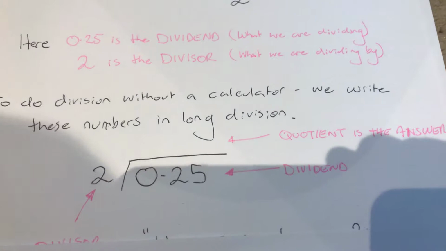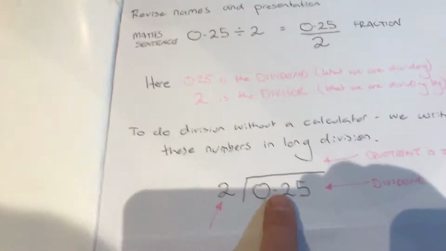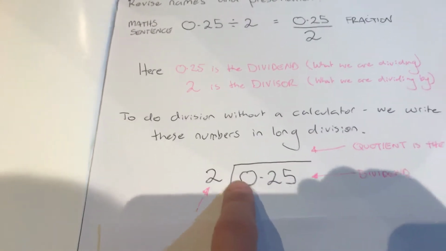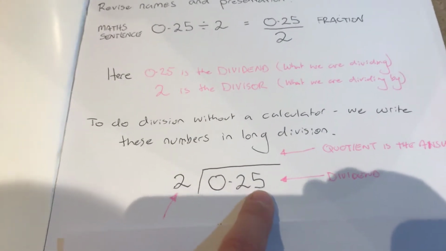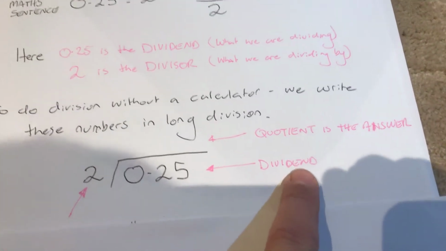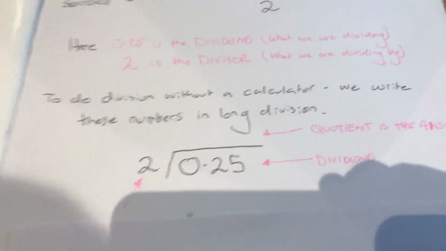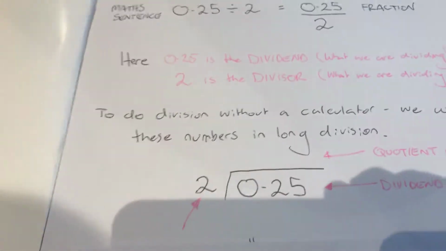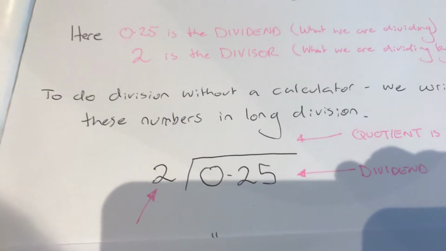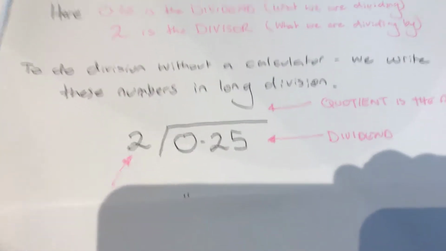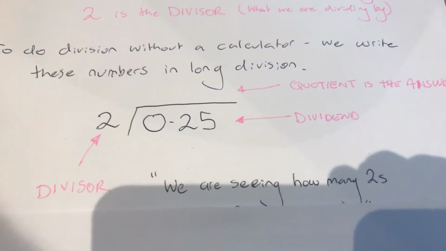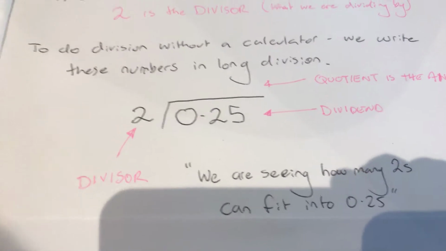I like to think that this little house or cave type thing is like a den, and I know that the word den is in dividend. So the dividend is the number that lives in that cave or den area. What we are seeing here is how many 2's can fit into 0.25.